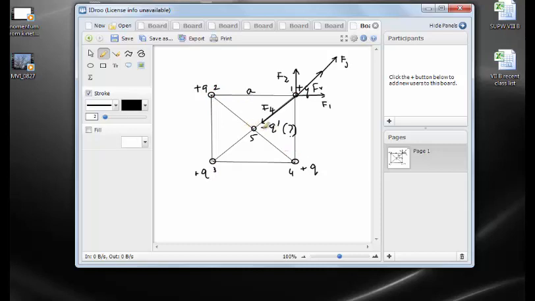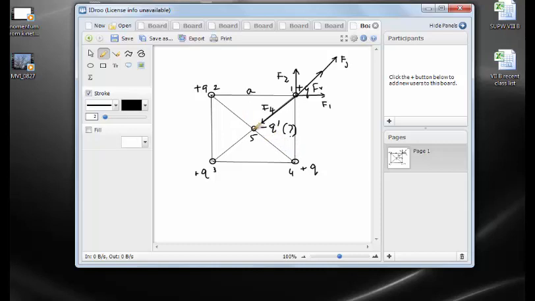Because all these charges are of the same magnitude and they are equidistant from the charge at the center, the force that this charge exerts on minus q dash at the center would cancel the force due to Q3, and similarly the force due to Q2 will be cancelled by the force due to Q4.